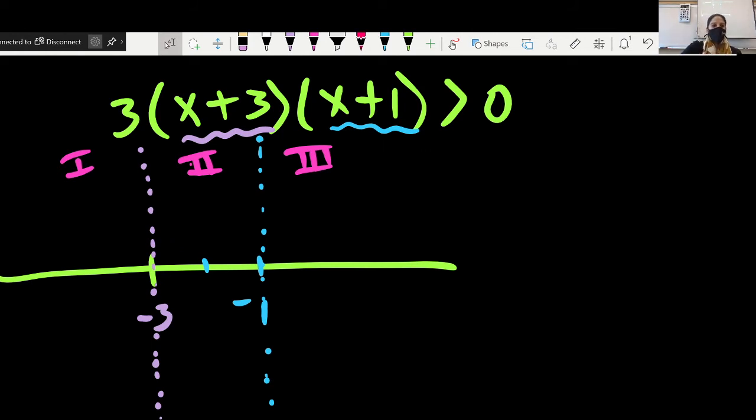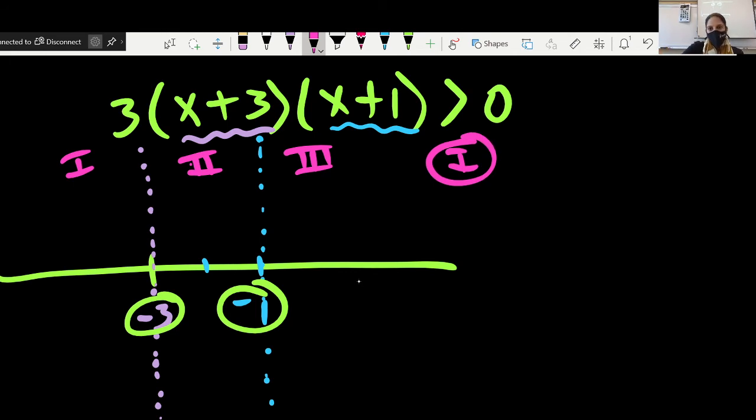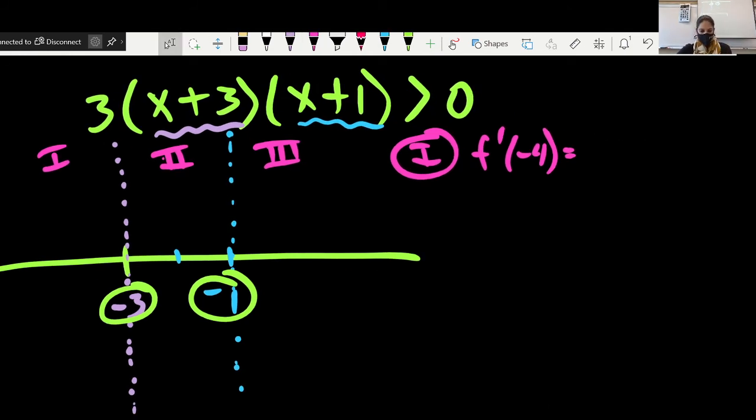So if this is how I'd split up my intervals or my regions, so there's -3 and -1, then from region 1, I'm going to do this off to the side here, I want to test and find f prime of -4. So I want to plug it into here, and when I plug in -4, I would get 3, which is greater than 0.